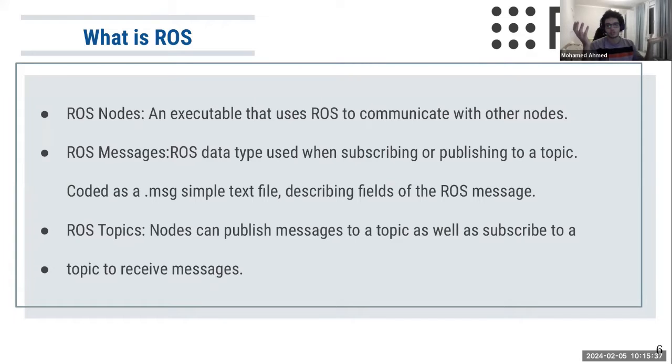Why do we call it a ROS node? The difference is that it has a definition of whether it will send a message or receive a message, a ROS message. That's why we call it a node. And the ROS node can send or receive a specific type of message.